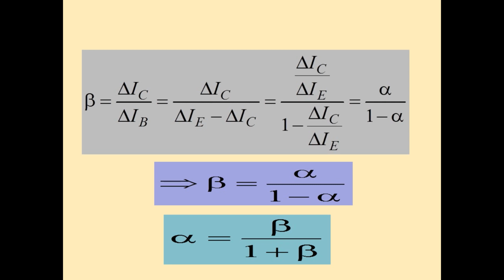So this is the relation between alpha and beta. Alpha equal to beta by 1 plus beta. For example, beta equal to 50, alpha equal to 50 by 51, which is around 0.9 something.